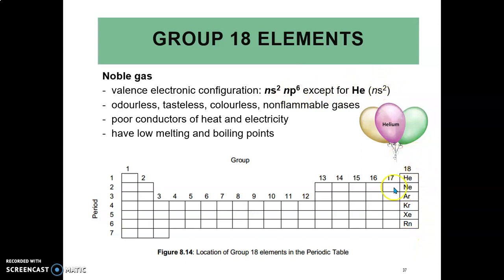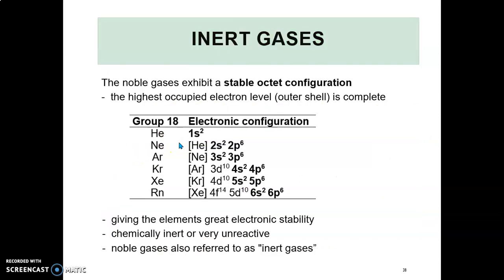Here is the location of group 18 elements, consisting of helium, neon, argon, krypton, xenon, and radon. The group 18 elements are odorless, tasteless, colorless, non-flammable gases, also poor conductors of heat and electricity, and have low melting and boiling points.